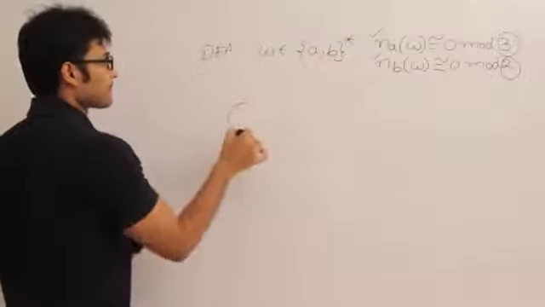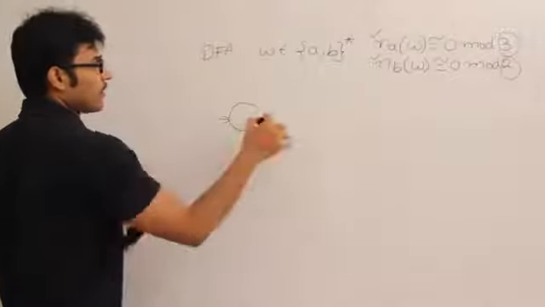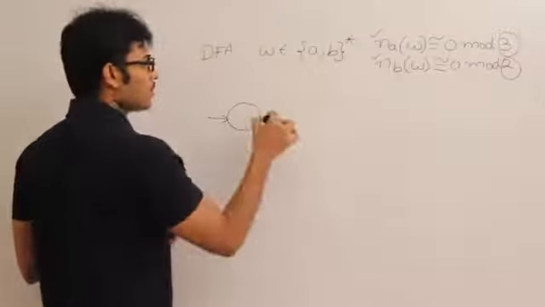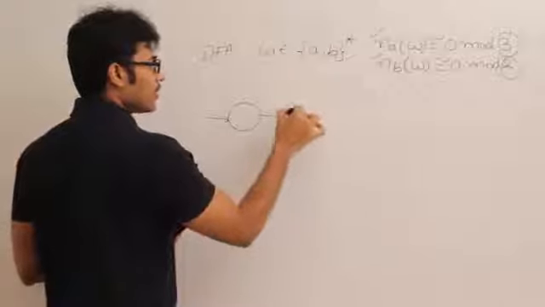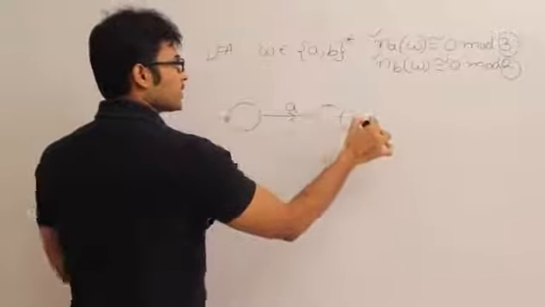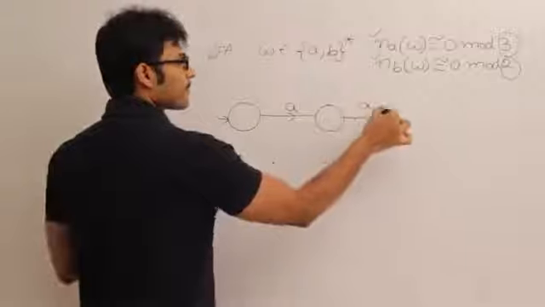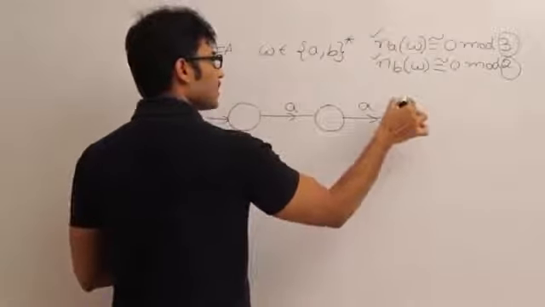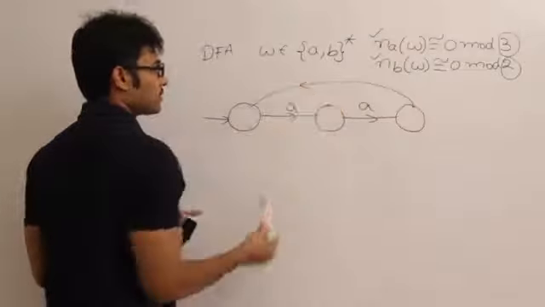The number of a's has to be a multiple of 3. I am going to count 0 a's, 1 a, 2 a's and 3 a's.